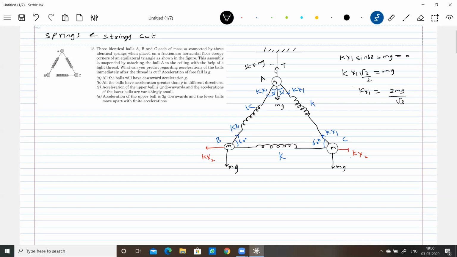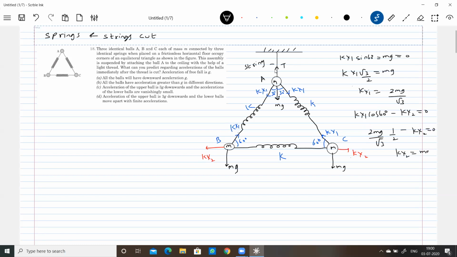And then what about kx2 along the x-axis? Kx1 cos 60 degree minus kx2 equal to 0. K gets cancelled, so this will be x1 by 2, or directly substitute the value of kx1, 2 mg by root 3, times 1 by 2.